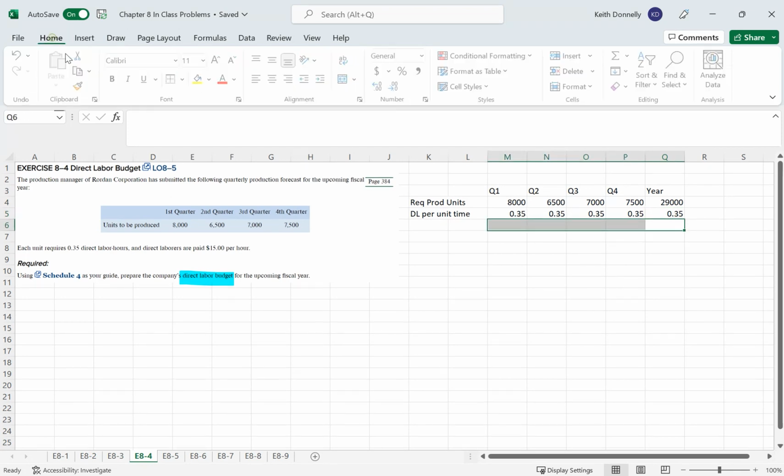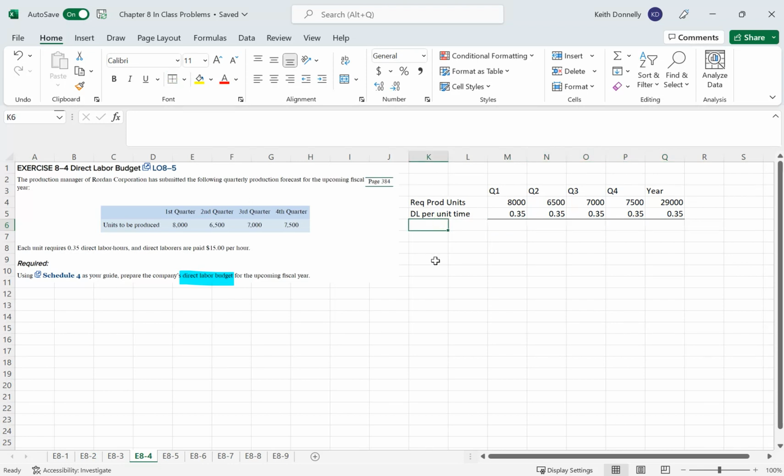All right, so what we're going to do now is multiply those to figure out our total direct labor hours needed. Again, we can just drag that formula across to get us that amount. So we need this many hours. The cost per direct labor hour, they're telling us, is $15.